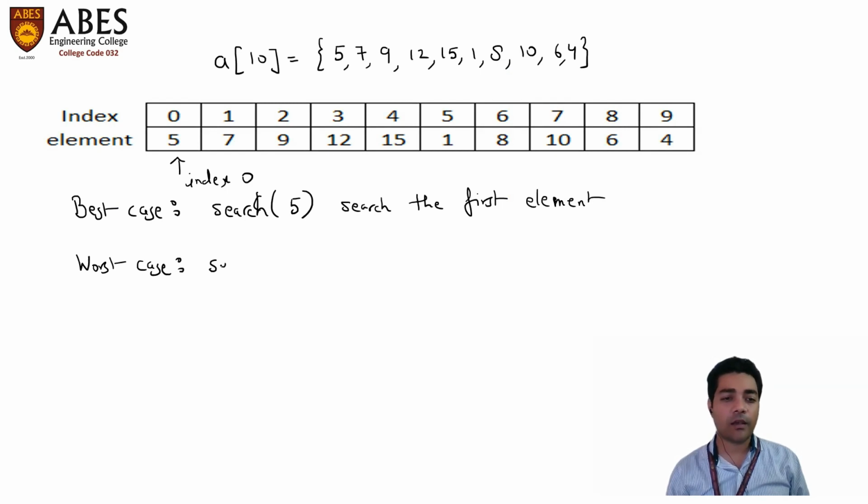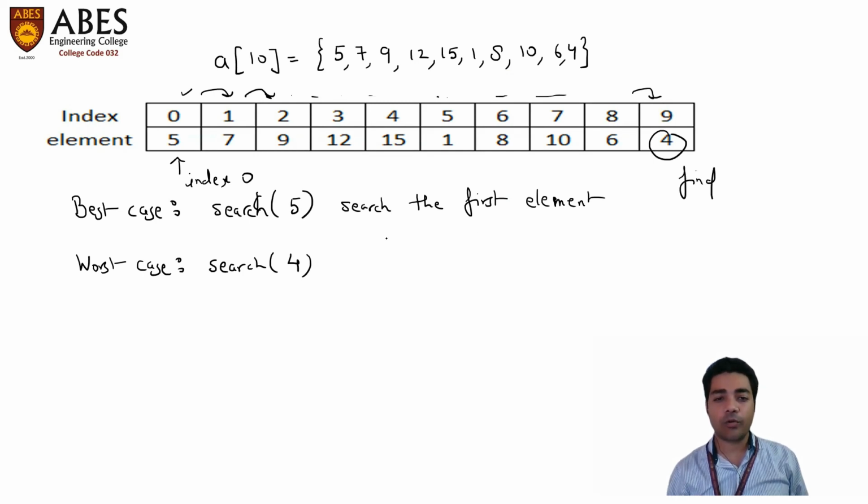So if I search for the last index, say I search for 4, it is going to search linearly. First it will go to index 0, check 1, then 2, and so on. It will go on and check the last index, and at the last index I find my number 4. So, search the last element.